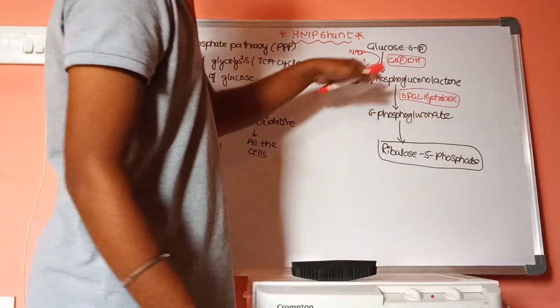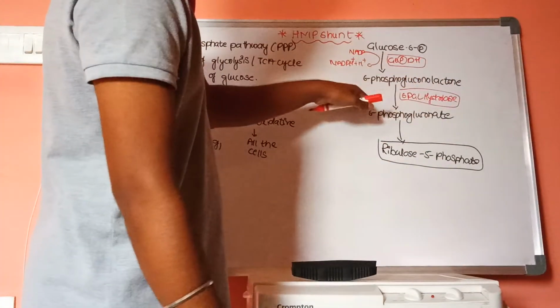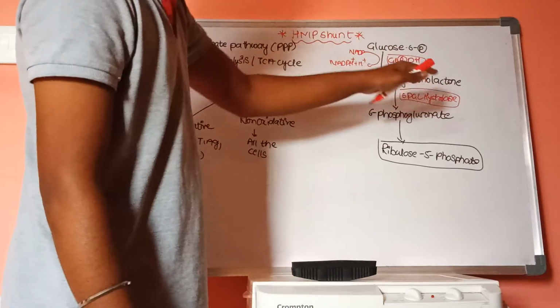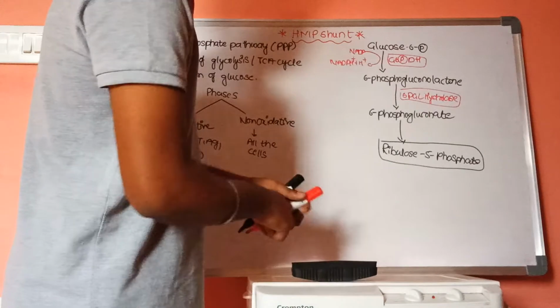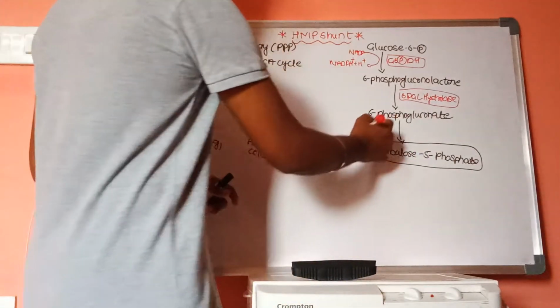Glucose 6-phosphate will get converted into 6-phosphogluconolactone. 6-phosphogluconolactone will get converted into 6-phosphogluconate. 6-phosphogluconate will get converted into ribulose 5-phosphate.